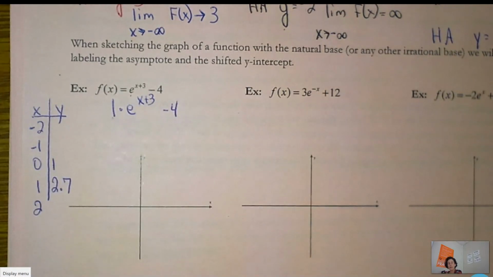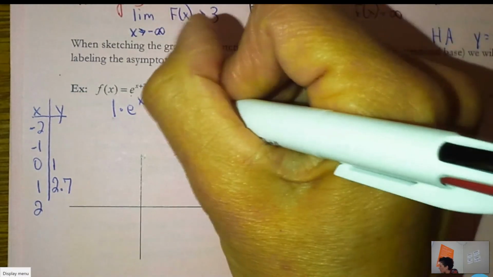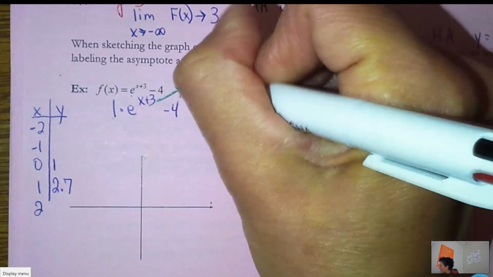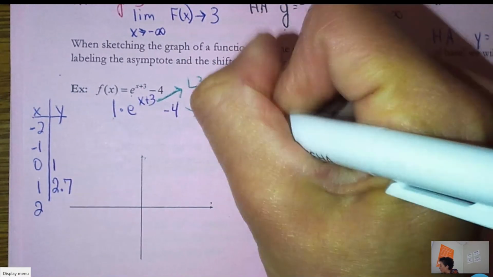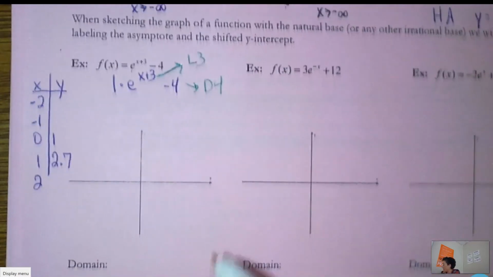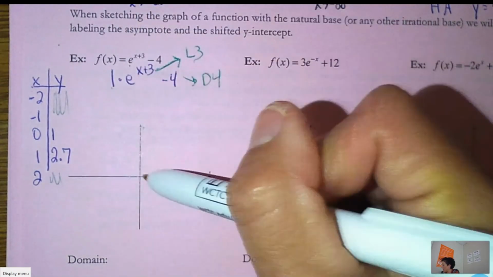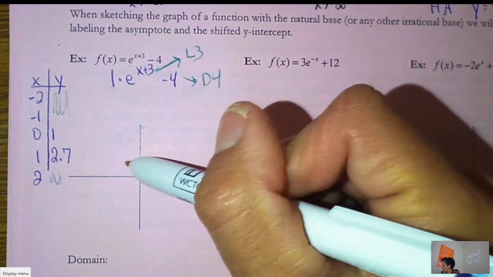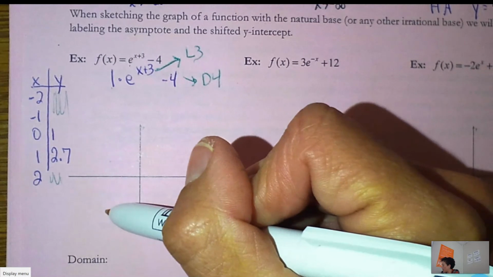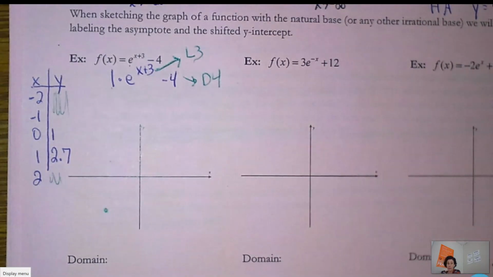So about 2.7, close to 3. And then we're going to remember that this means we do the opposite. We're going to go left 3, and we're going to go down 4. So we're going to leave these out for e. Here's 0, 1. Just imagine it goes left 3 and down 4 and ends up by about there.